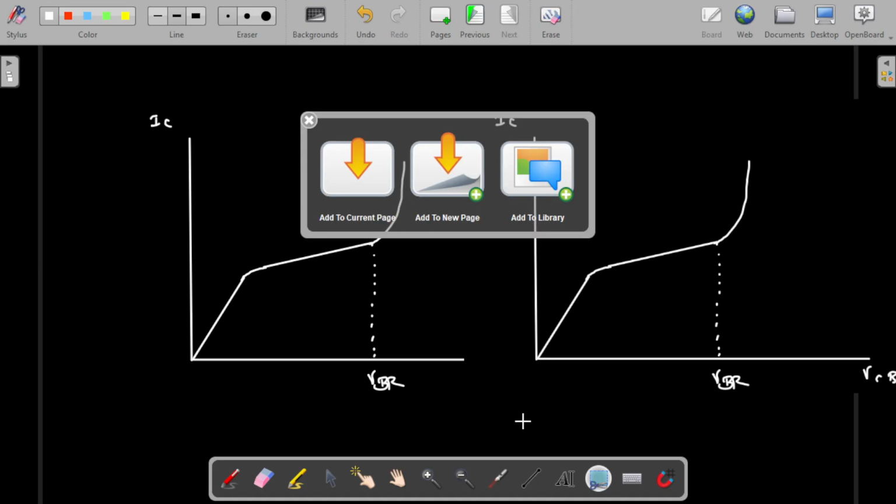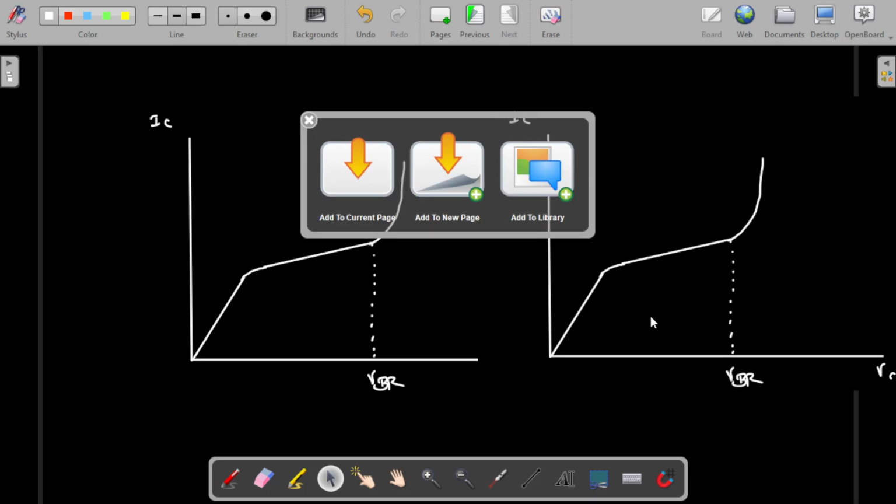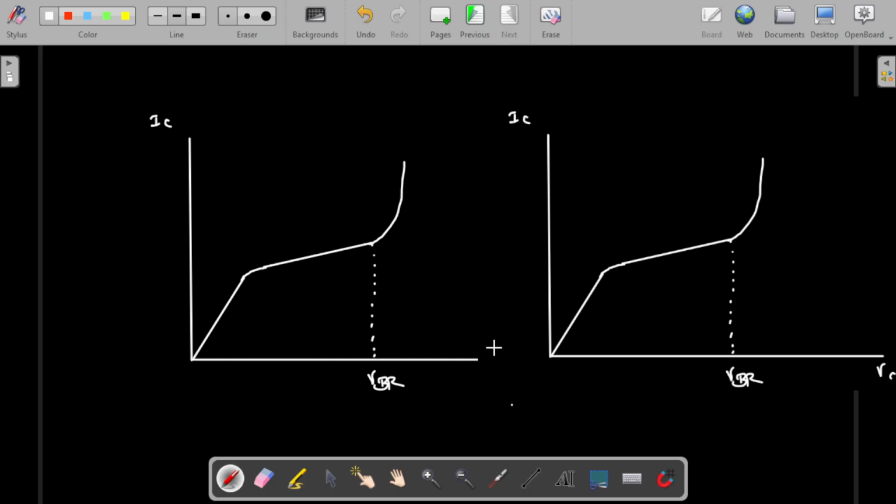This is VBR, this is the VCE condition, and this is IC.